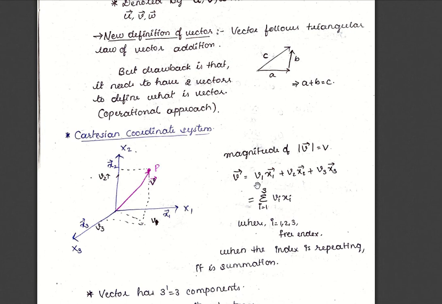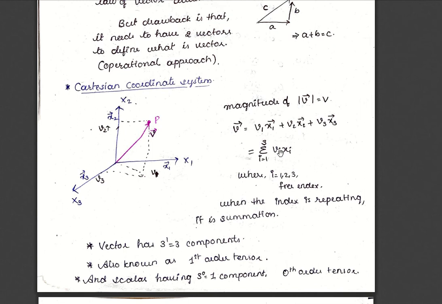So we can now write it as v1 x1 bar plus v2 x2 bar plus v3 x3 bar. Or simply let me say even the small x as vector, x just x. Now I can write it as summation i equal to 1 to 3 of vi xi. We shall talk about free indices in another video on free indices and the summation convention.